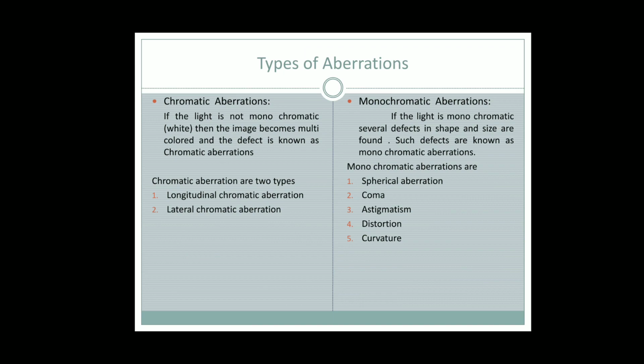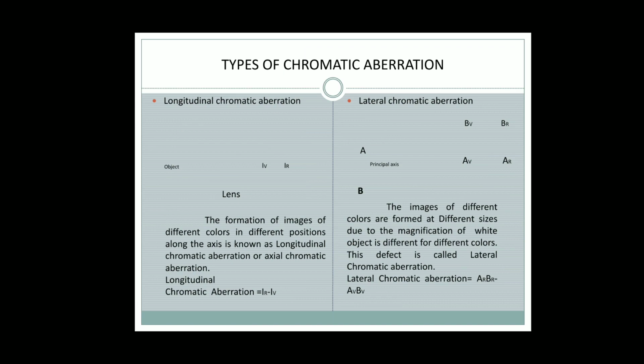So if the light is monochromatic, several defects in shape and size are found. Such defects are known as monochromatic aberrations. Monochromatic aberrations are of 5 types. One is spherical aberration, second is coma, third is astigmatism, fourth is distortion, and fifth is curvature.